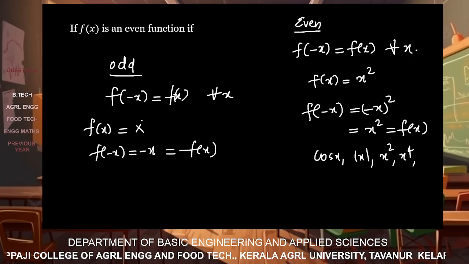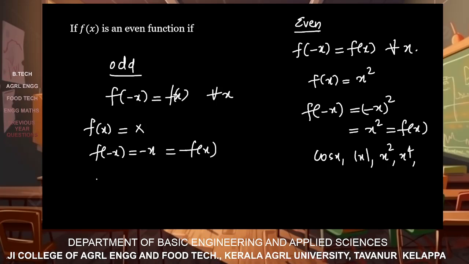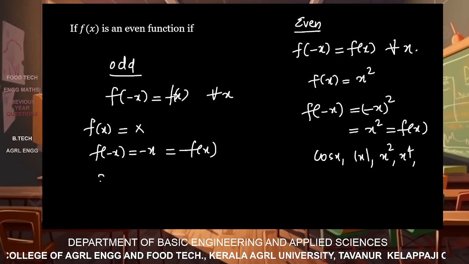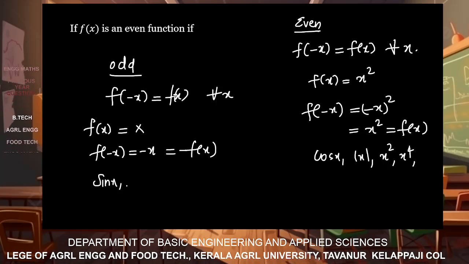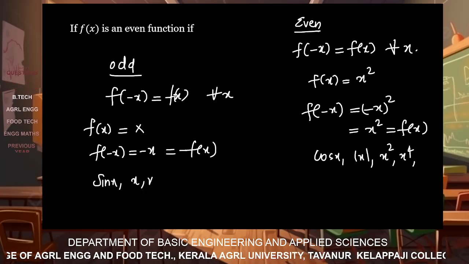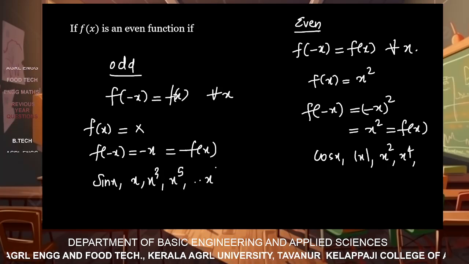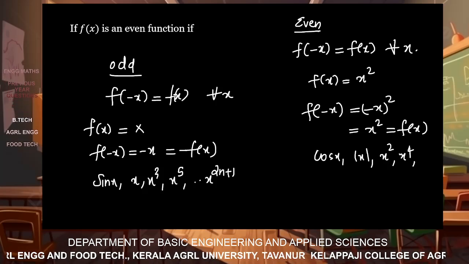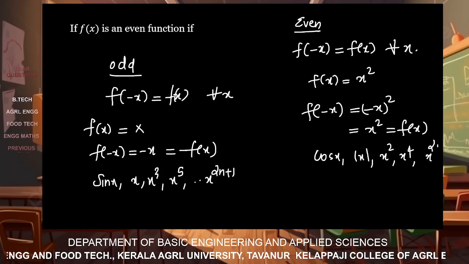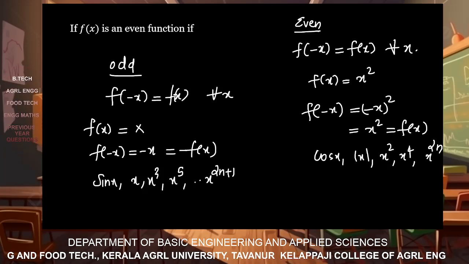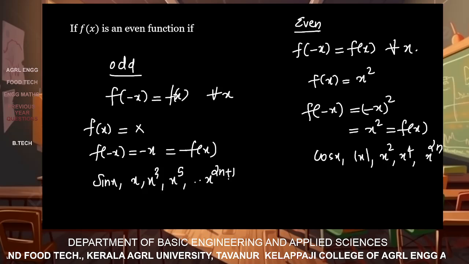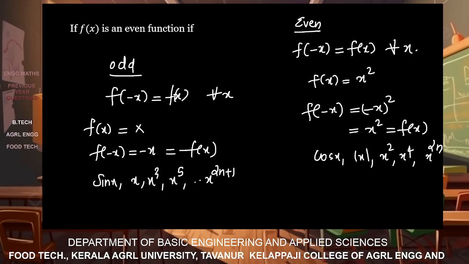It's called an odd function. Other examples are sin x, x cube, x raised to 5, etc. That means all odd powers, 2n plus 1. All even powers are examples of even functions, and all odd powers of x are examples of odd functions.